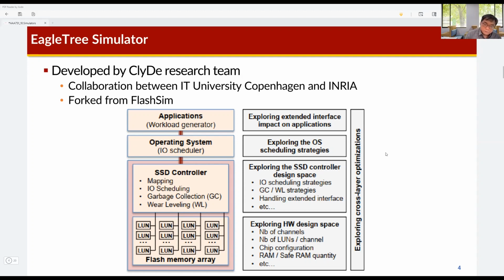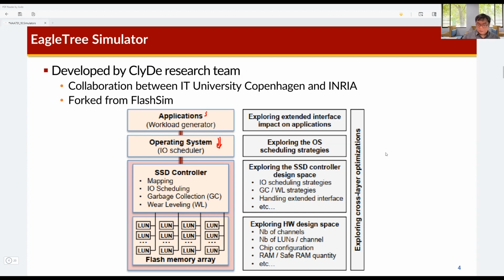This Eagle3 simulator also implements a workload generator. The workload generator generates commands, that means required data or some operations based on some workload type, and a simple IO scheduler that exists in the operating system is also implemented.